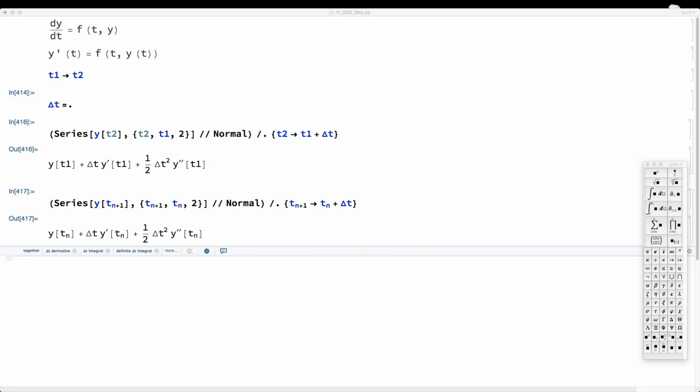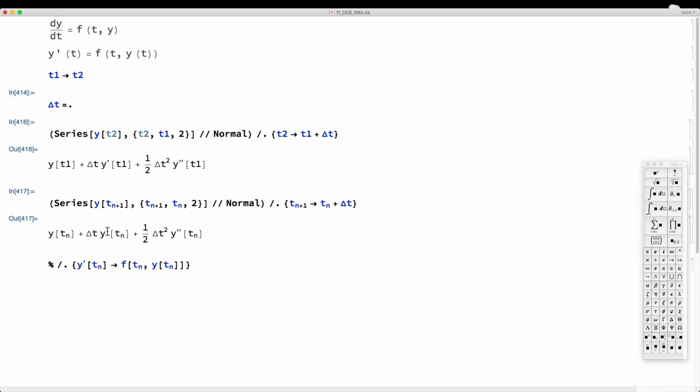Okay, just to be concrete, we see that the derivative of y with respect to t at tn is already showing up in the differential equation. So that's the basic idea of the Euler method: to replace the derivative with the function f. This leads us to this approximation.